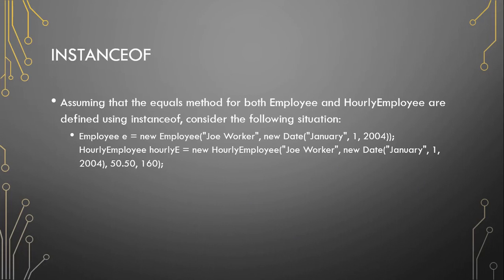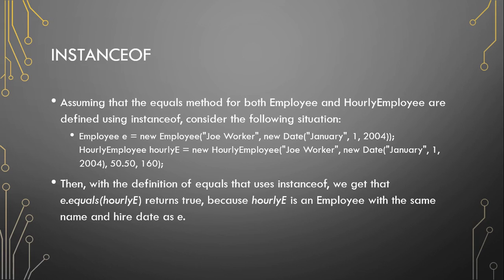Now, assuming that the equals methods for both Employee and HourlyEmployee are defined using instanceof, let's consider the following example. Employee e equals new Employee Joe Worker, new Date January 1st, 2004. HourlyEmployee hourlyE equals new HourlyEmployee Joe Worker, new Date January 1st, 2004, 50.50, 160. Then, with the definition of equals that uses instanceof, e.equals(hourlyE) will return true because hourlyE is an Employee with the same name and hire date as e.